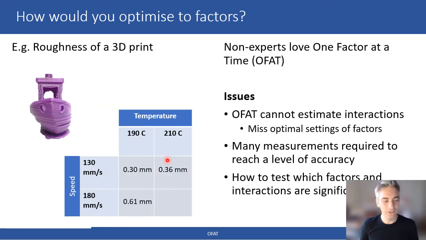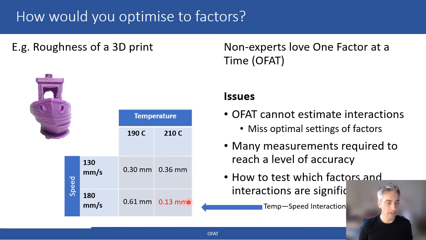So if we'd done that, we might have found a new result which could be even more interesting. For example, the speed and the temperature might have interacted to give a much smoother print than any of the results that we would have got from just checking one factor at a time and jumping to conclusions. Effectively, we've jumped to a conclusion in the OFAT experiment and missed this important result.